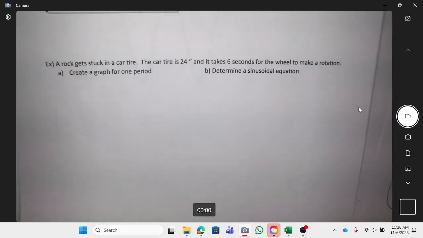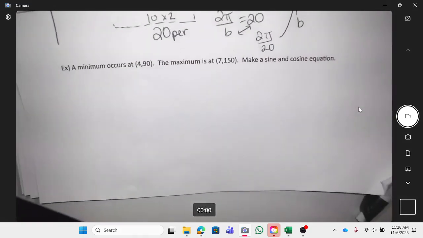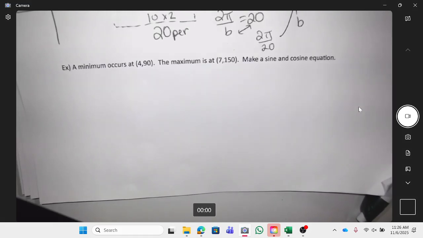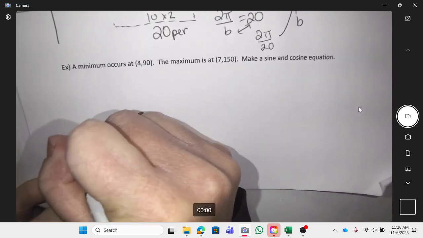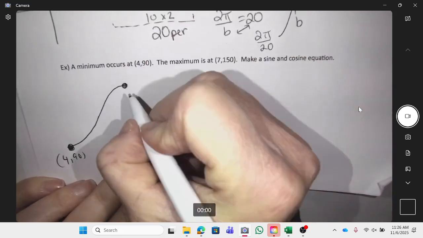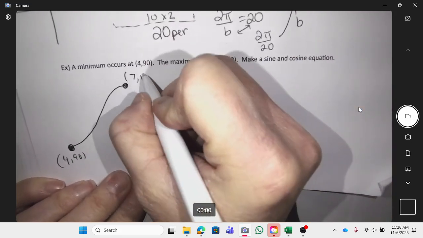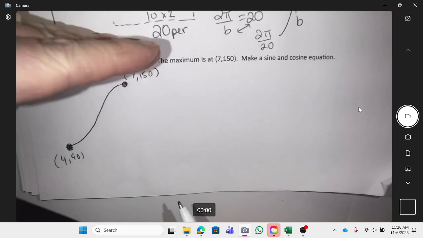Okay, flip the page. Bottom, minimum. Okay, so we had a minimum and then we had a maximum.